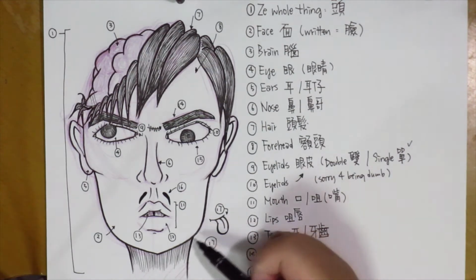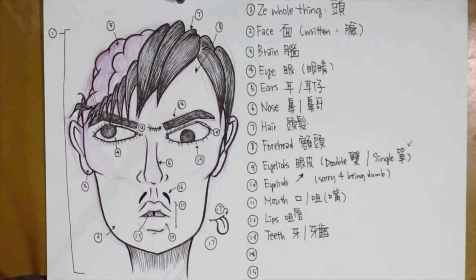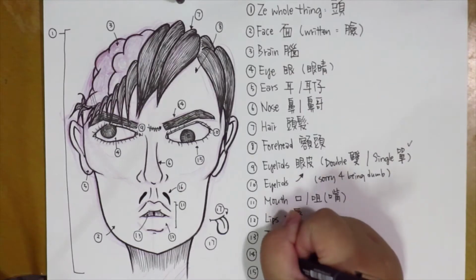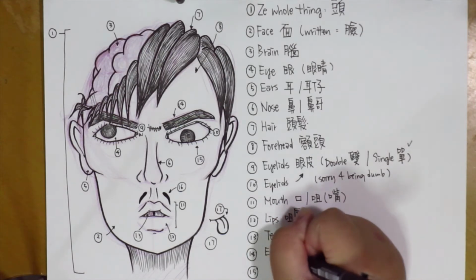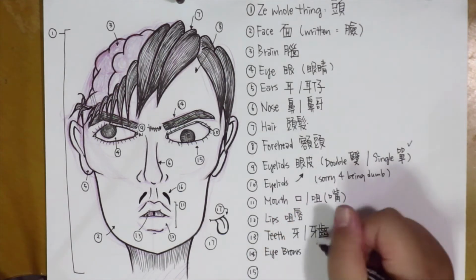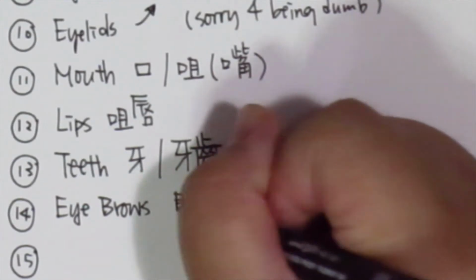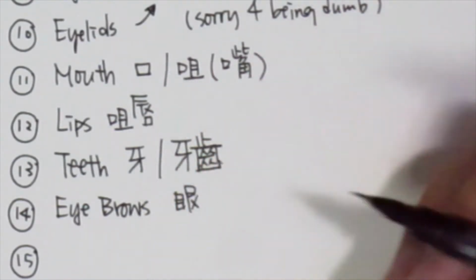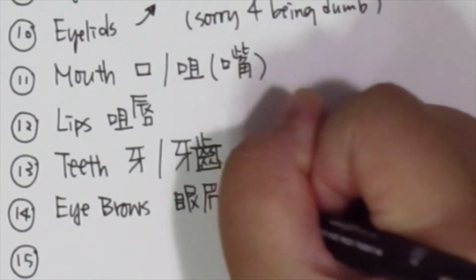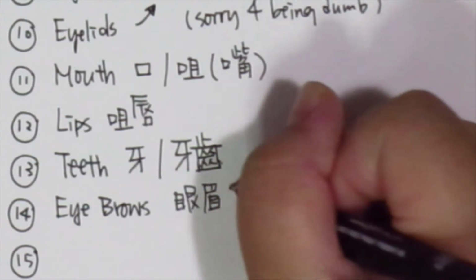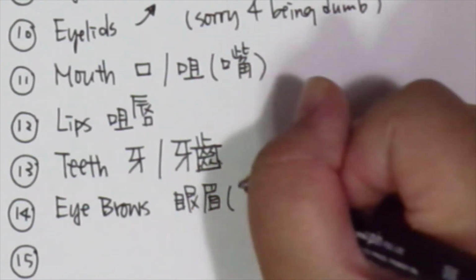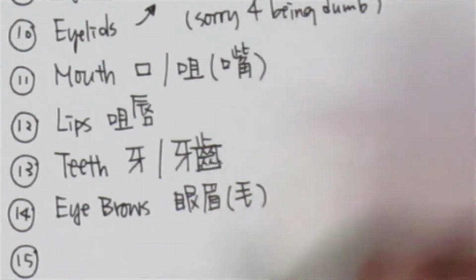The 14th one, we move back to our eye area and we have our eyebrows. Eyebrows is called nyan mei because it's eye related. Or if you want to emphasize the hair part, you can call it nyan mei mo.